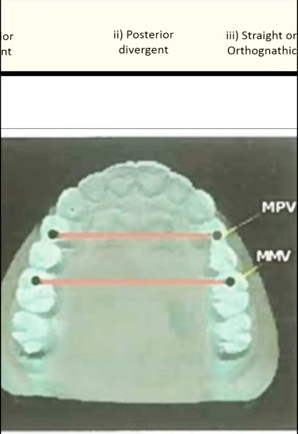Pont's analysis. It determines the need for lateral expansion. It is done on the maxillary arch. Here we determine the sum of the incisors, that is the mesiodistal width of all four maxillary incisors, centrals and laterals.